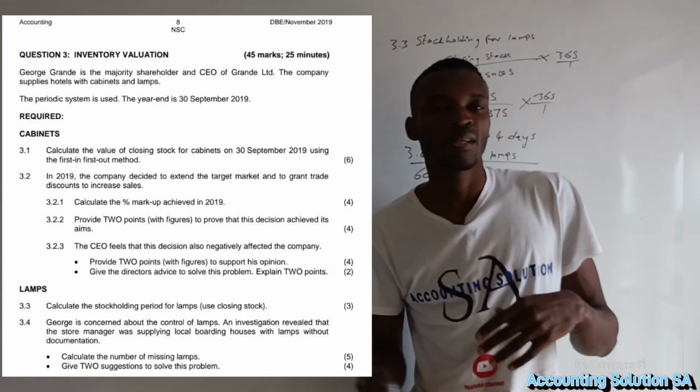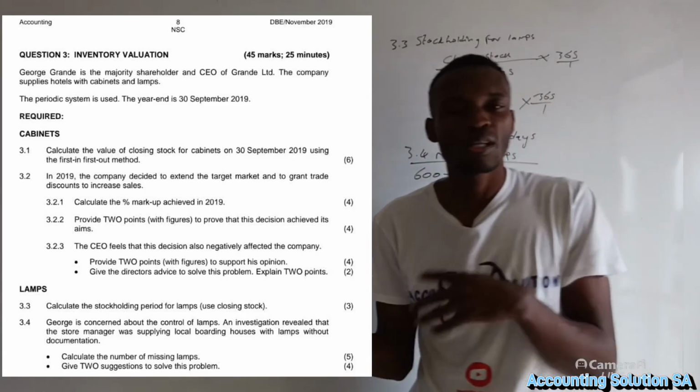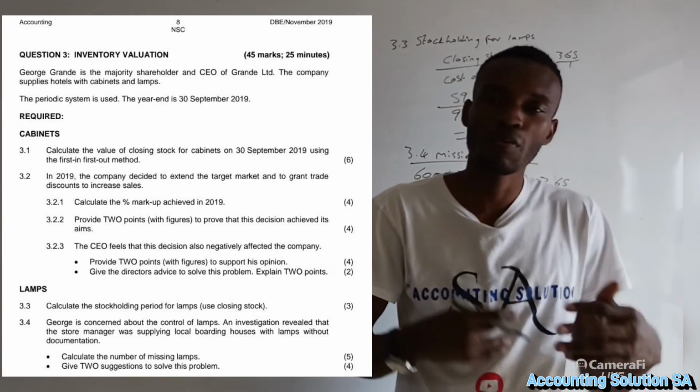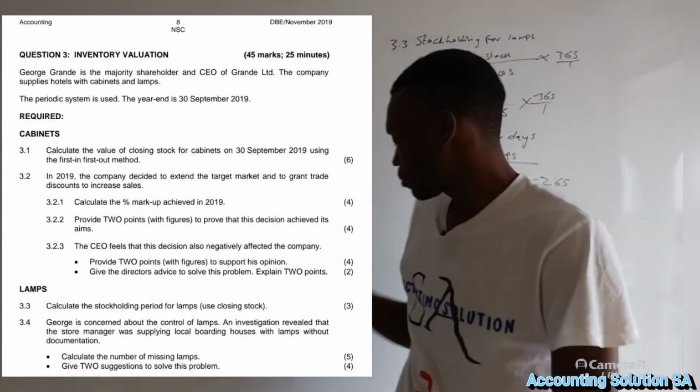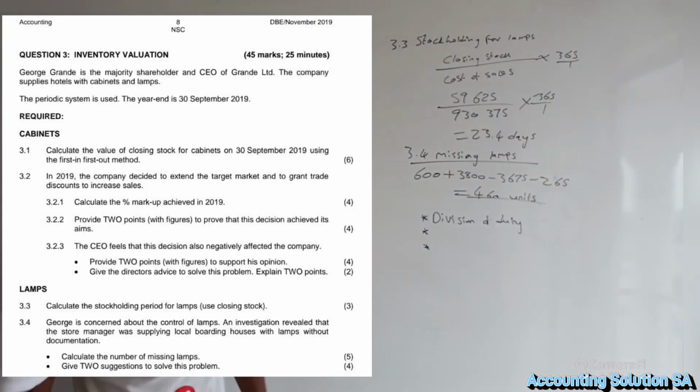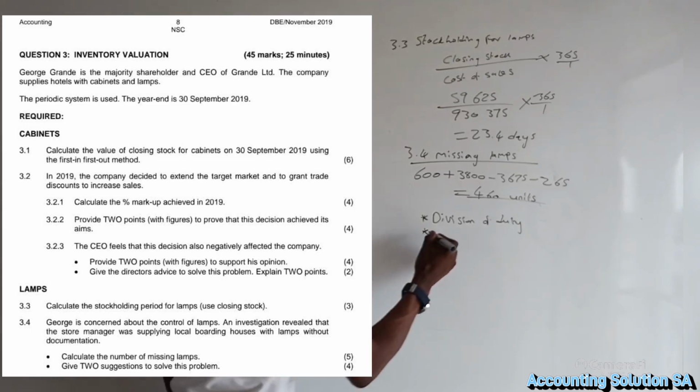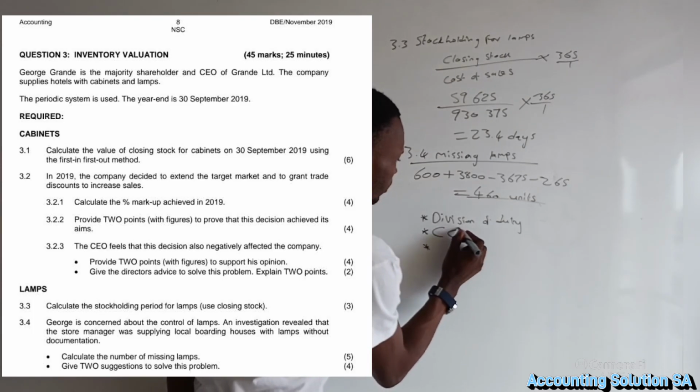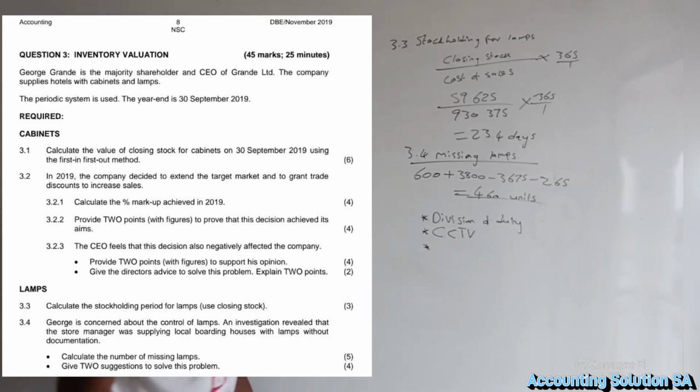Someone is counting, someone is verifying, someone is recording. You don't have to do the work alone. Simple as that. Another one, we have to make sure that we have CCTV. CCTV is very important, guys, so that at least we can go back and check what happened.